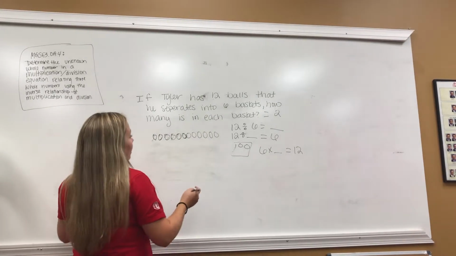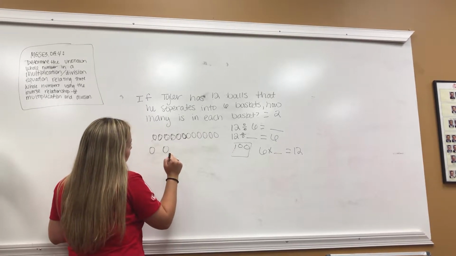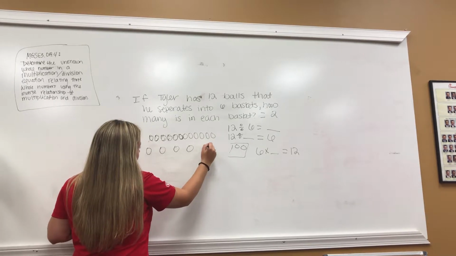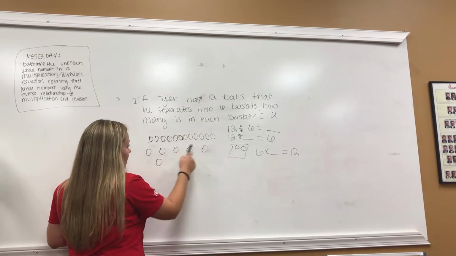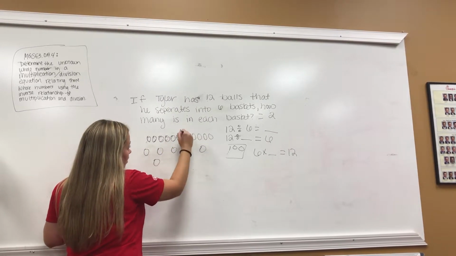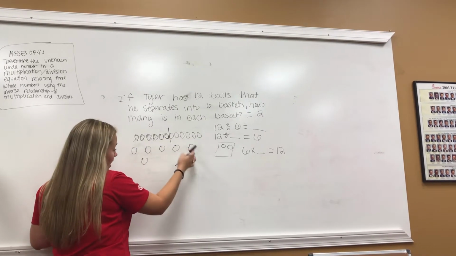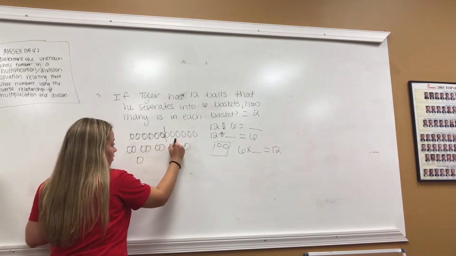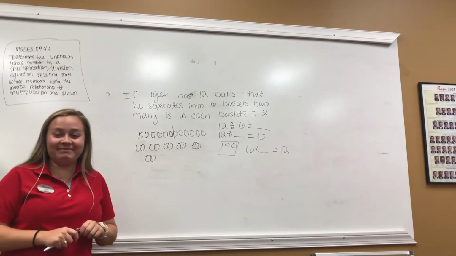So we would say, okay, so one's going to go here, one's going to go here, 1, 2, 3, 4, 5, 6. So we have 6, and then we only have 6 more. So we know if we have 6 right here, that's half. So we're going to have 2 in each basket. Just like that.